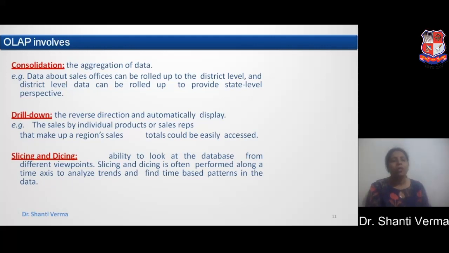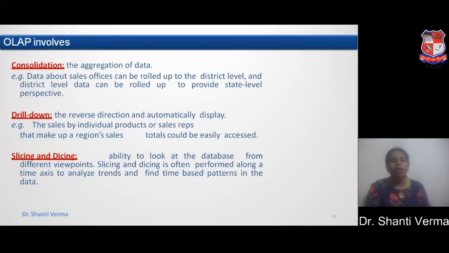The second is drill down, the reverse direction, an automatically displayed function. For example, the sales by individual products or sales representatives that make up a region's sales total could be easily accessed. The next is slicing and dicing.